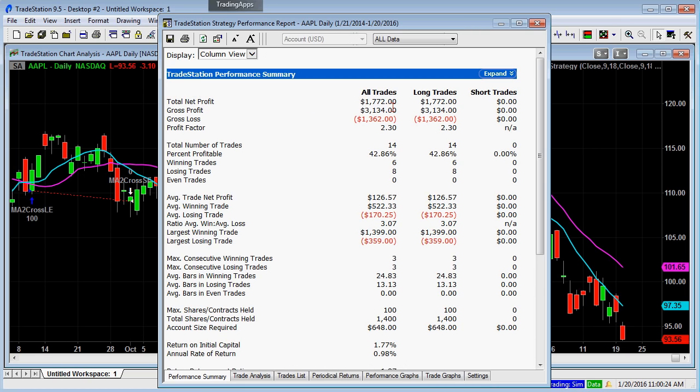Now we don't have a loss. We have a profit of $1,700 because my short trades have been zeroed out. There's no short trades. It's an interesting way of just going to the strategy very quickly and disabling one side of the strategy. Perfect.